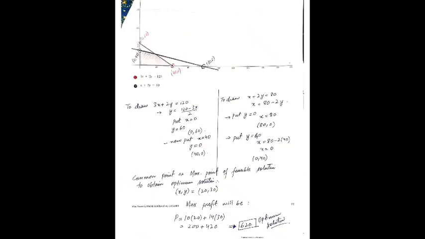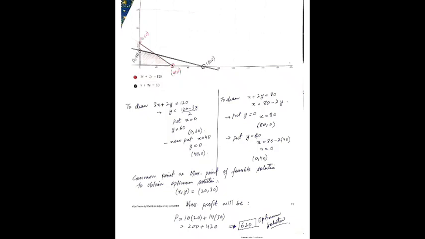Now what we have to do, as we discussed in our problem statement, is that we have two major constraints. One constraint is 3x plus 2y equal to 120, and the second one is x plus 2y equal to 80. Now we can find these values again using the equation of a line.